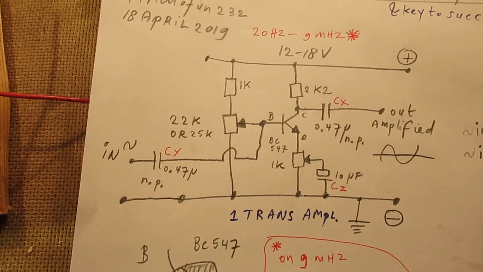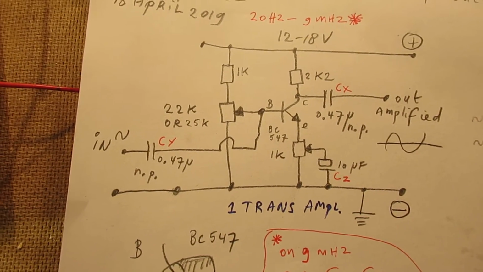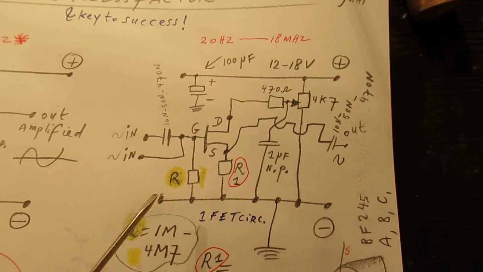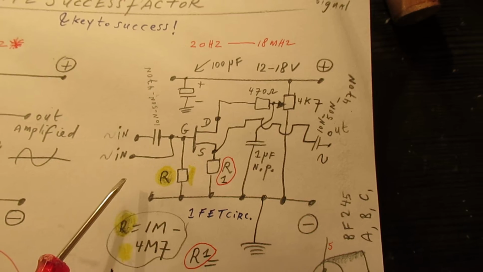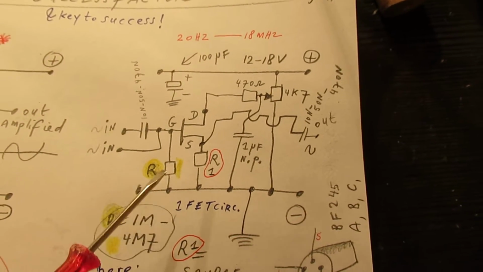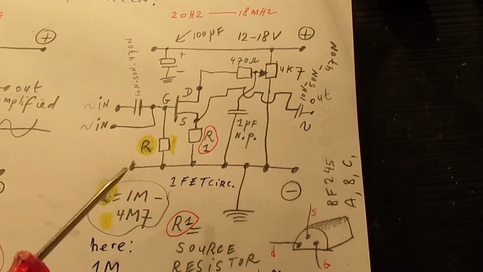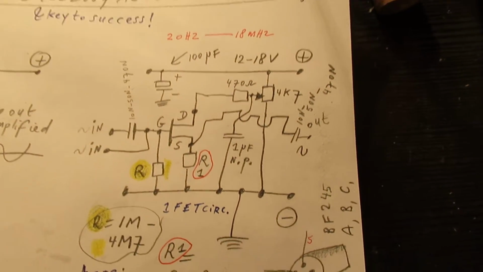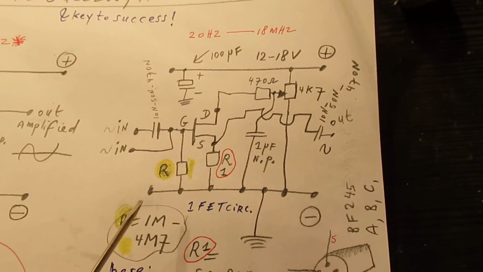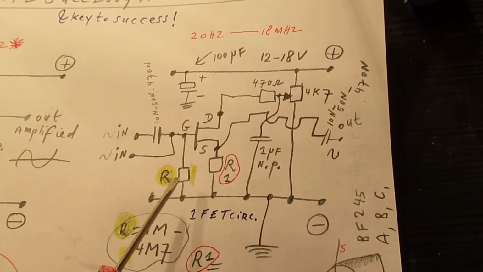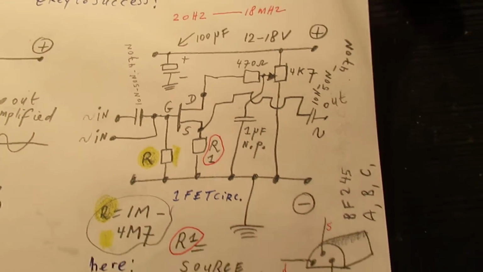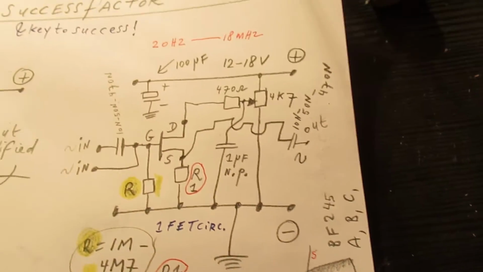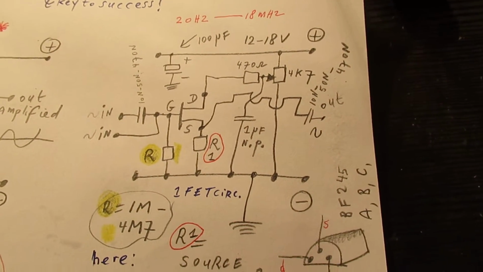So this is the second stage. In that case, this is the high impedance first stage, a high frequency radio amplifier, and with this transistor, the BF245, it works up to 15 megahertz.